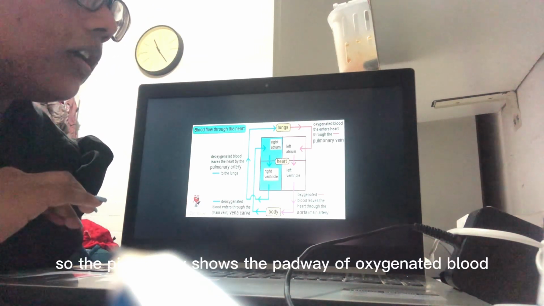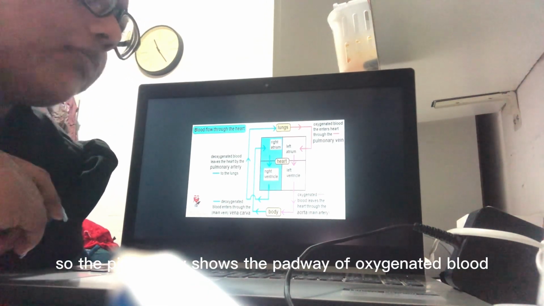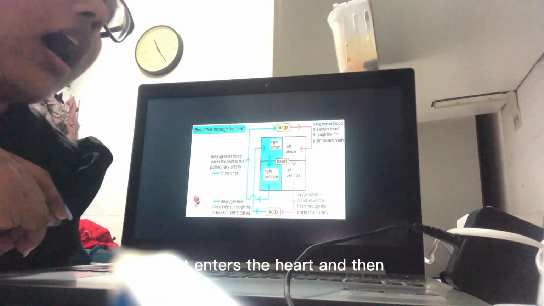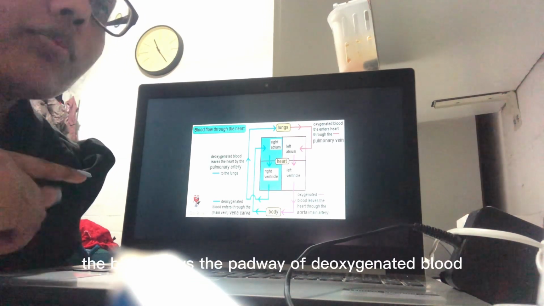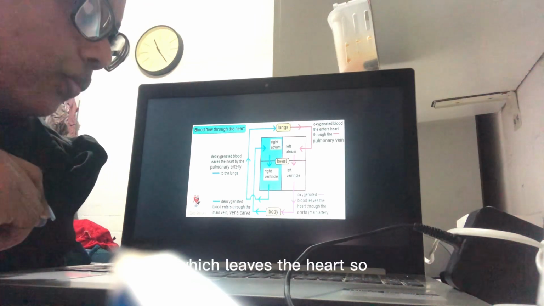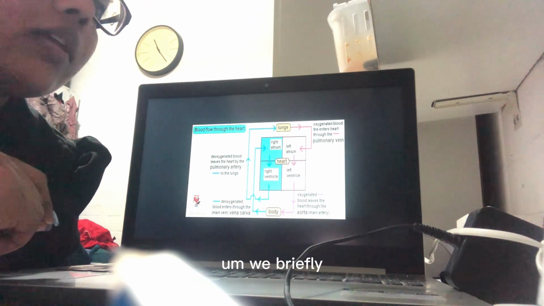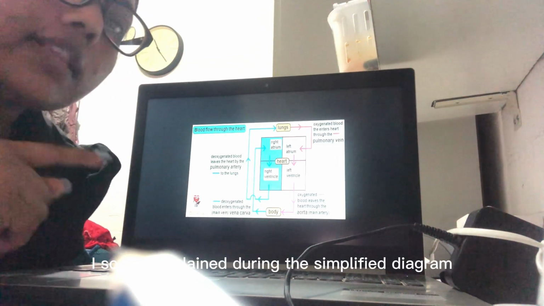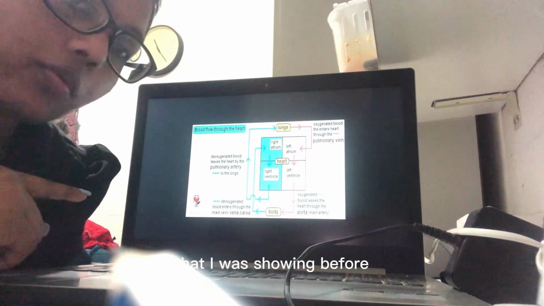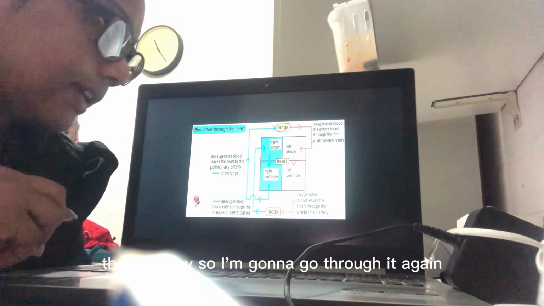The pink arrows show the pathway of oxygenated blood that enters the heart, and the blue shows the pathway of deoxygenated blood which leaves the heart. I explained the pathway during the simplified diagram that I showed before, so I'm going to go through it again.